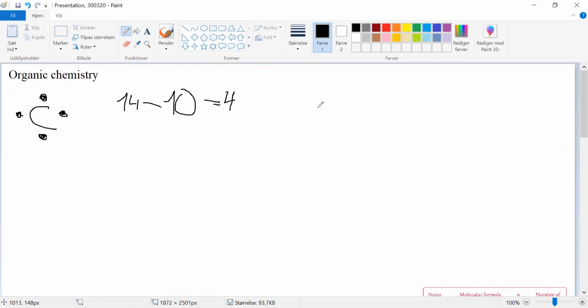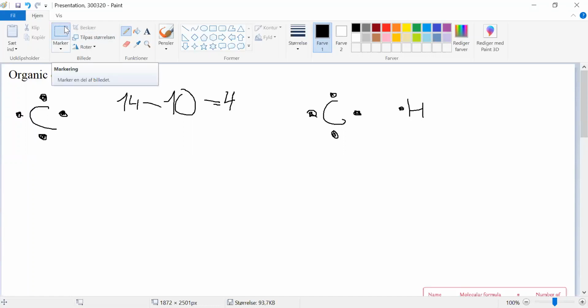So when carbon has 4 electrons in its outermost shell, it can react with a hydrogen. And a hydrogen has 1 electron because we can see from the periodic table that hydrogen is atom number 1, so it only has 1 electron, and the outermost shell must contain that 1 electron.